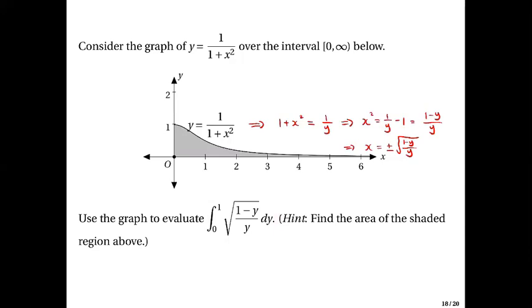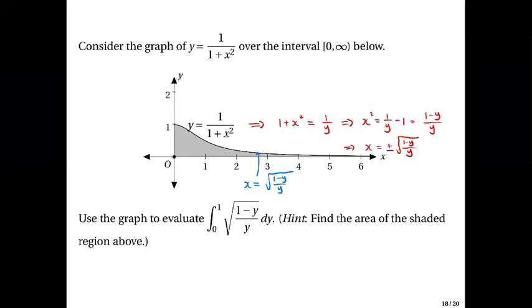So this equation or this graph, you can rewrite in terms of x in terms of y. You just have the equation x equals square root of 1 minus y over y.